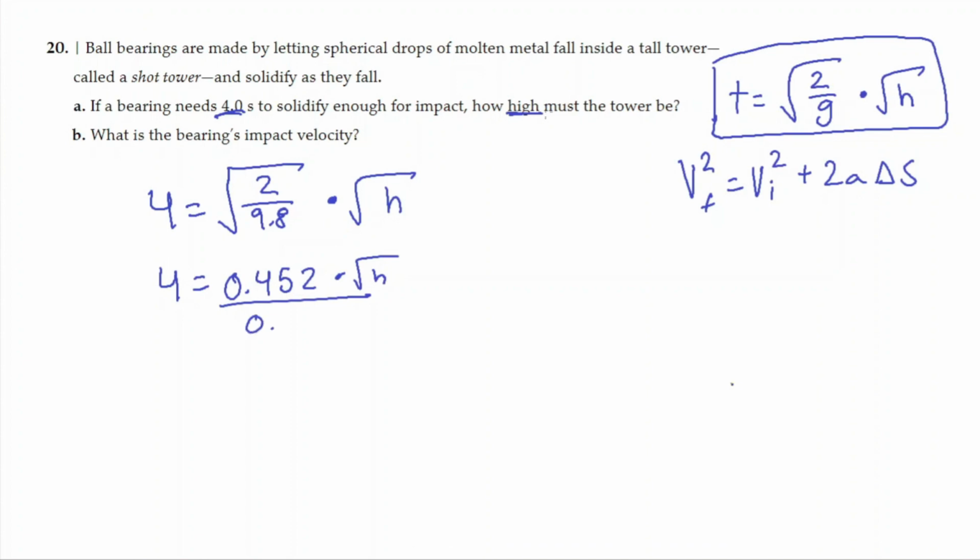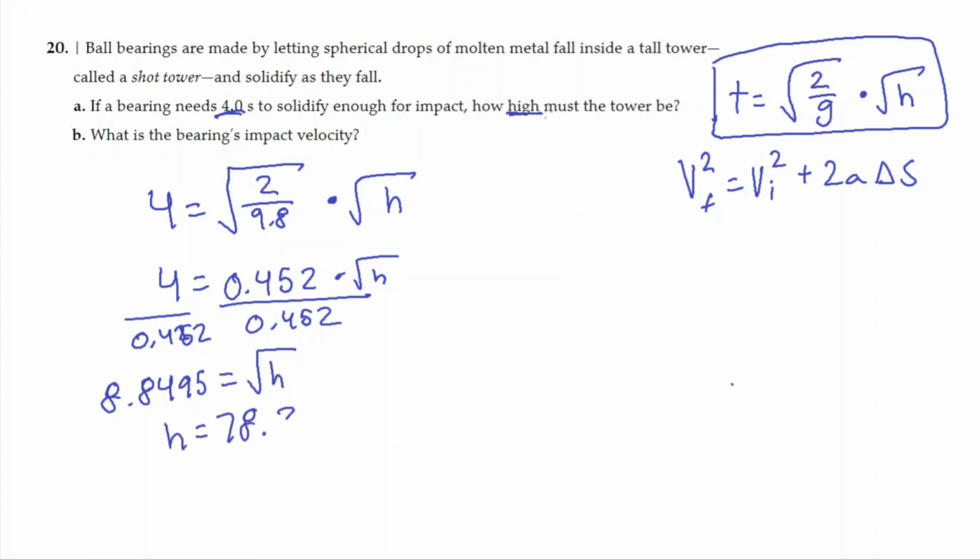Now we divide by 0.452 on both sides, and we get that radical h is equal to 8.8495, or you could just write it as 8.85. To find h, we square that, which gives h equal to 78.32 meters. That is our height for the tower.